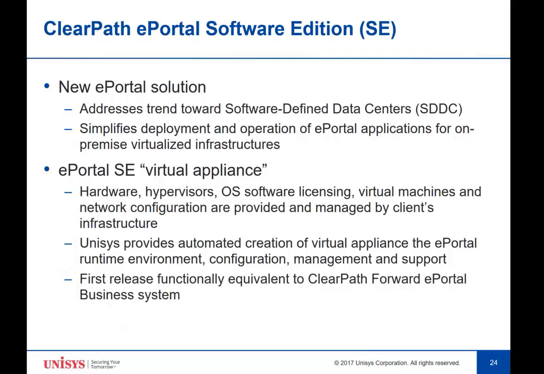And I'll talk a little bit more about what that means. Our first release we're calling ePortal SE for Software Edition, and if you're familiar with our business system today, it's really functionally equivalent to the business system. It has a few things that are different, but essentially, if you're familiar with the business system, you'll be familiar with the features for ePortal SE.